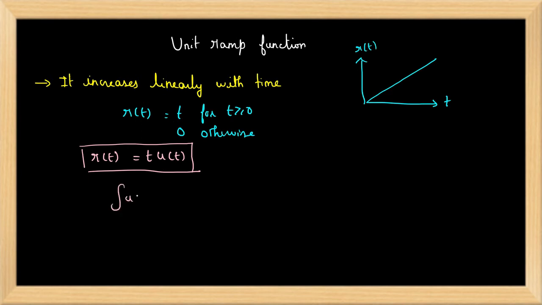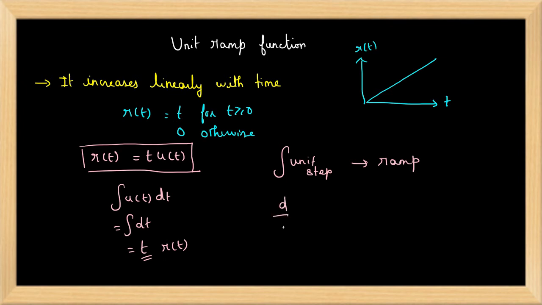That is, integrating u(t) dt, where u(t) is 1, we have the integral of dt, so the function is t, which is nothing but r(t). Similarly, if you differentiate the ramp function, you get the step function. That is, integration of the unit step gives the ramp function, and differentiation of the ramp function gives the unit step function.